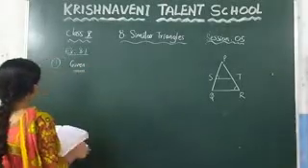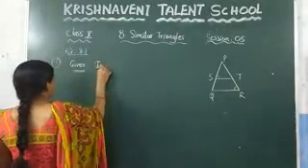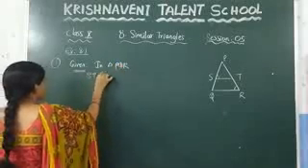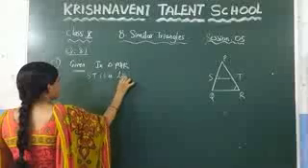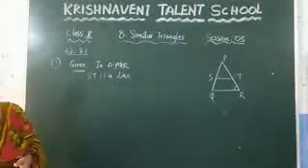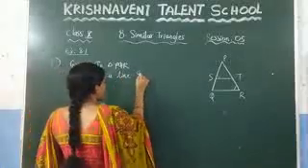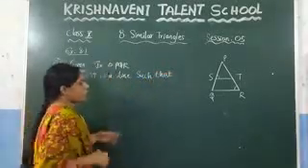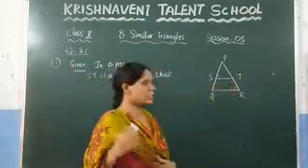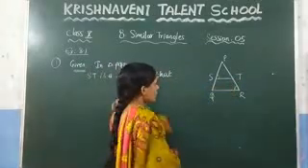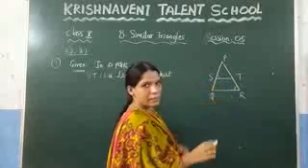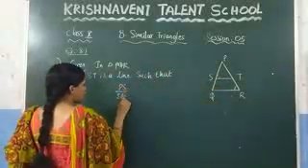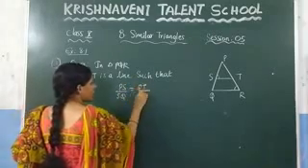In triangle PQR, ST is a line such that these two sides are divided into the same ratio, that means PS by SQ is equal to PT by TR.